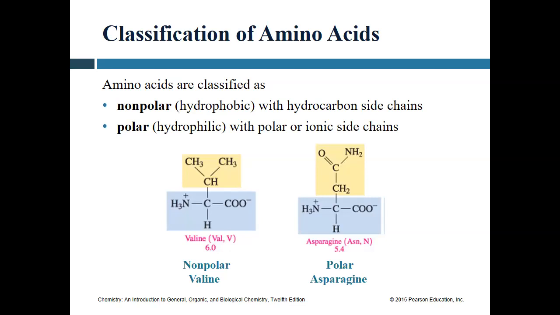So let's get into some of that classification. Polarity. Polarity is usually pretty easy to see. If I have an R group, so again, here in blue is the base of the amino acid. That is our amine and our acid groups on that alpha carbon. So this blue part doesn't change. This yellow part, the R group, does.